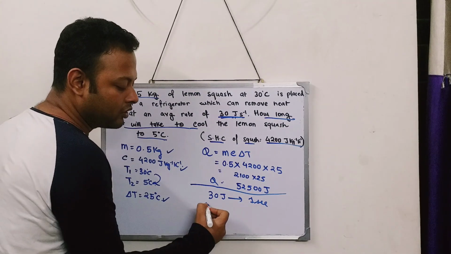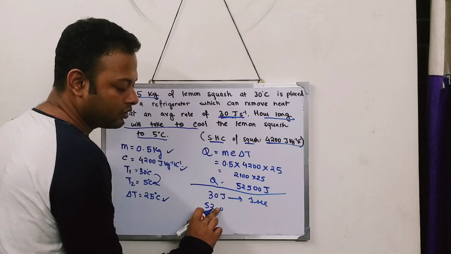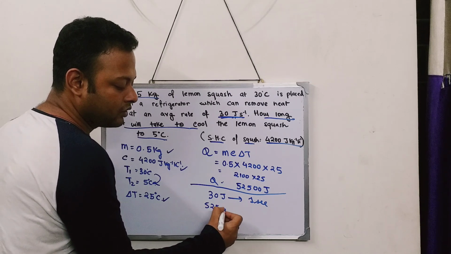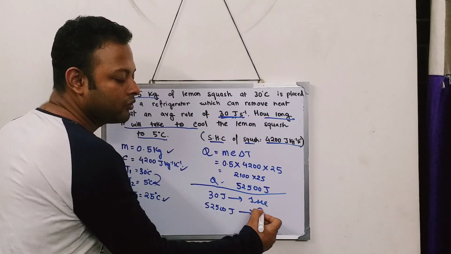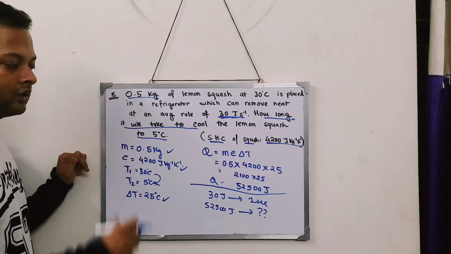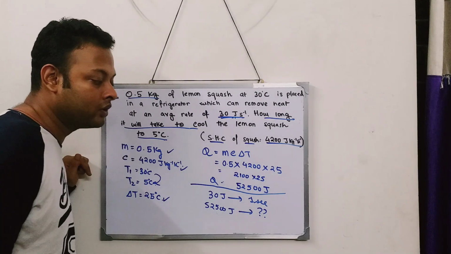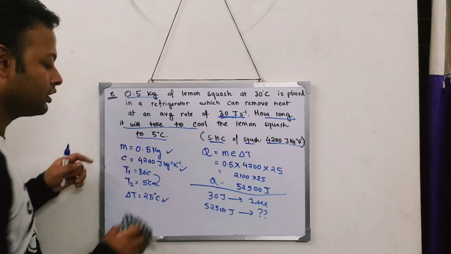So this much amount of heat, 52500 joules, should be removed in how many seconds, that I have to know. For this you just have to use a little bit of the unitary method which was taught to you in junior classes.